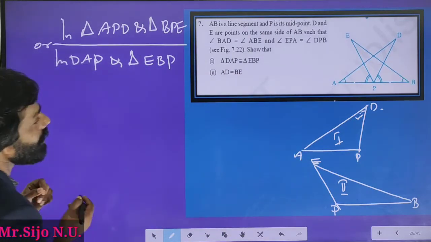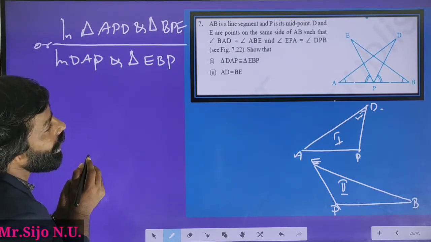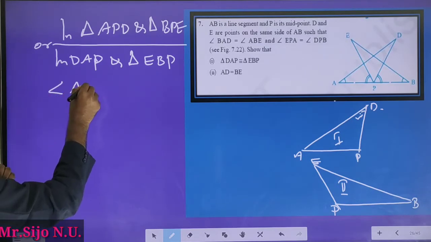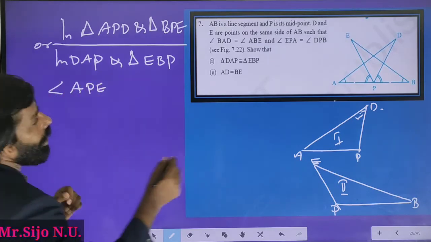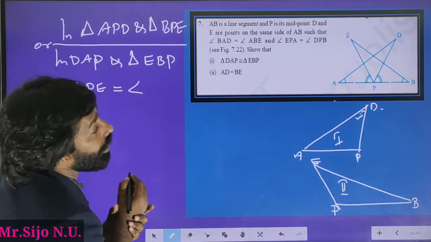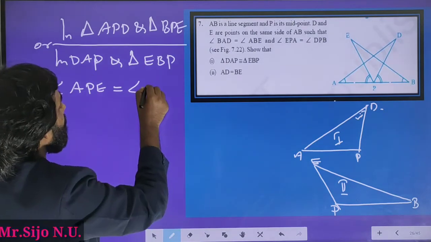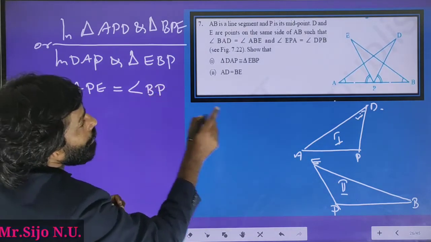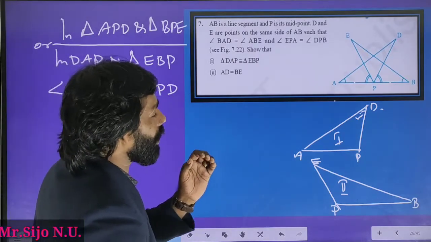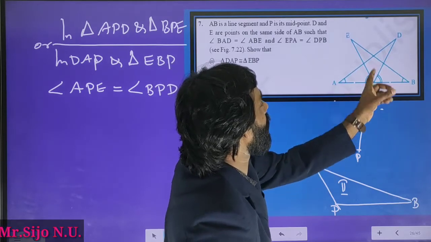Yes, now what do we have to do? Just like the previous question, we can write angle APE equal to, they have given, angle APE equal to angle BPD. Actually to prove this we need angle APD.